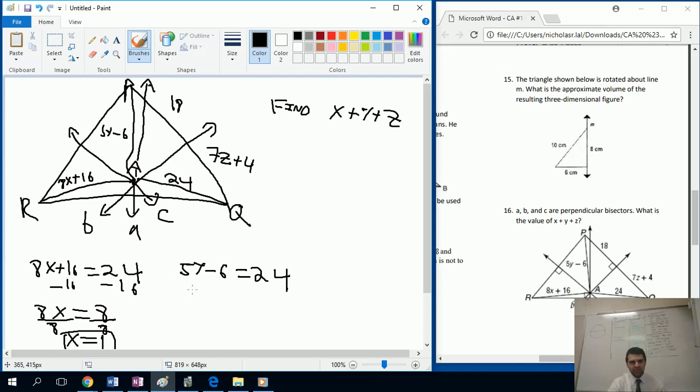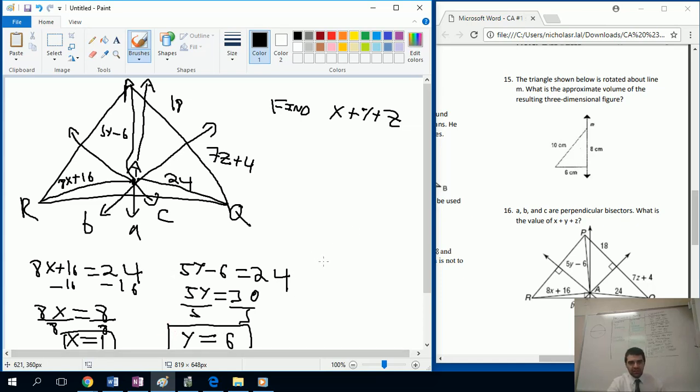So 5y minus 6 is equal to 24, add 6 to each side. 5y is going to be equal to 30. Divide 30 by 5, and y is going to be equal to 6. Once again, if you want to prove this, you can use your calculator.